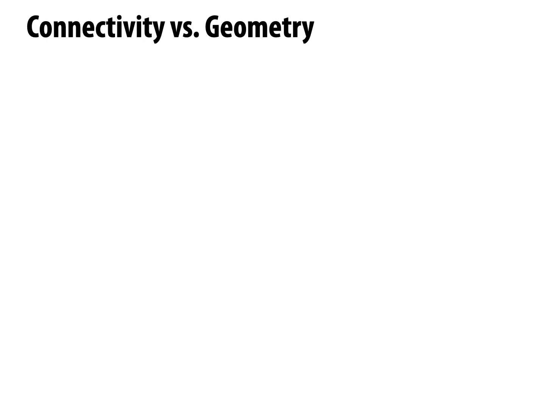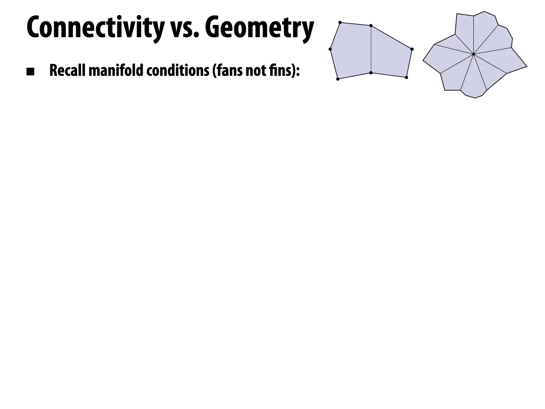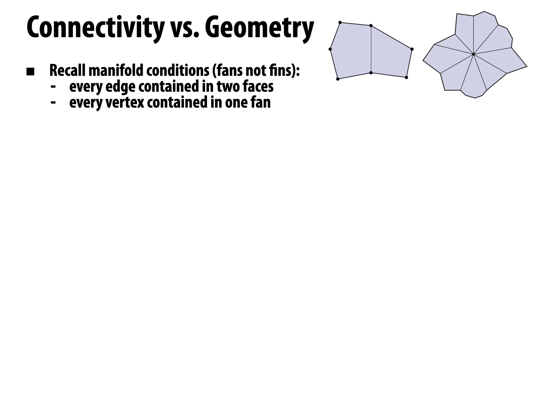All right. One thing to be really, really clear on, and this can be very confusing when you start working with polygon meshes, is that you can have perfectly good connectivity, nice manifold connectivity, but totally crazy geometry. Okay? So remember that our notion of having nice manifold geometry said, well, every edge is contained in two faces and every vertex is contained in one fan.